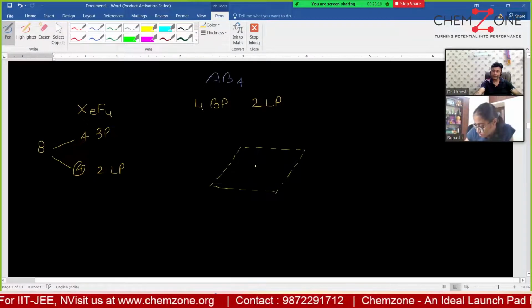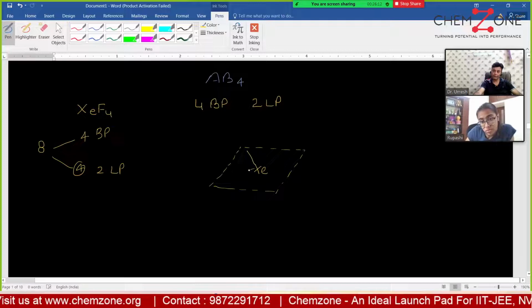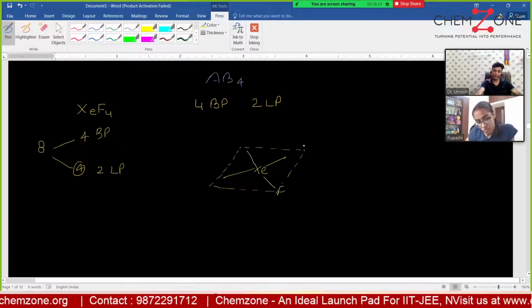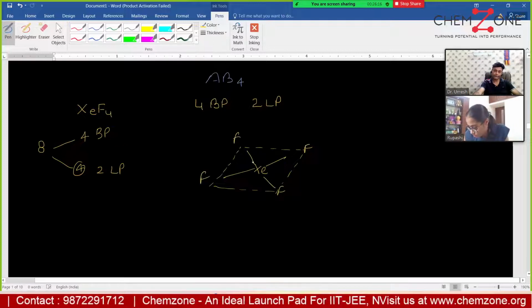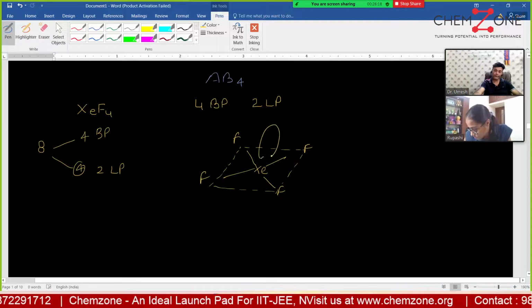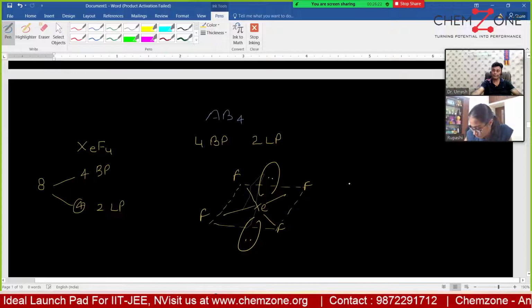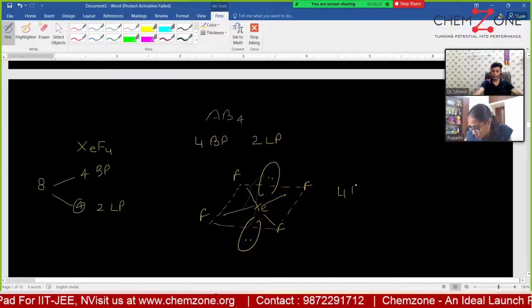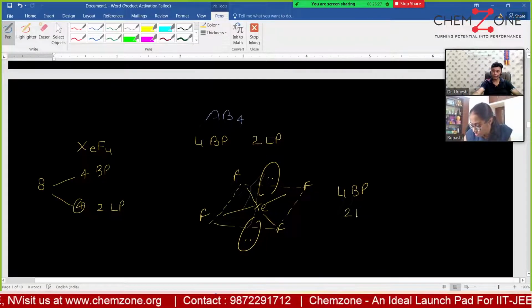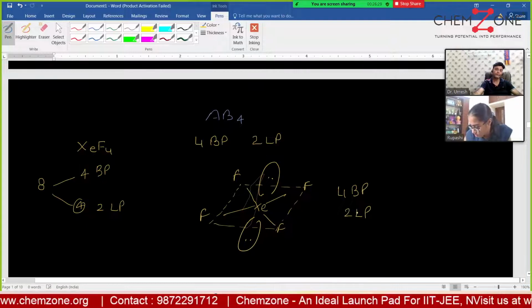In one plane, I have 4 bonds of the fluorine, and the lone pairs are above and below the plane. So I can say 4 bond pairs and 2 lone pairs are there.